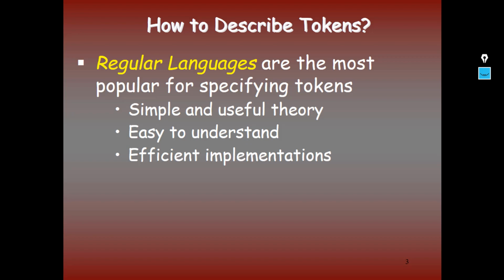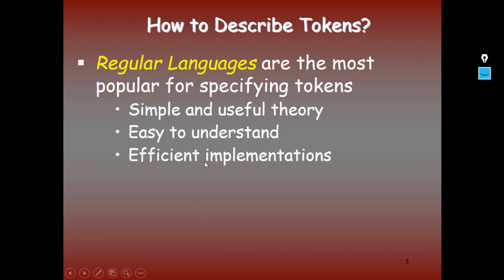So now the question is how to describe the tokens. Regular languages are the most popular because regular languages, as we are going to see in just a moment, are described by regular expressions. And a regular expression is basically a kind of pattern over sequences of characters. If any string matches that pattern, we say that this string belongs to the language defined by that particular regular expression.